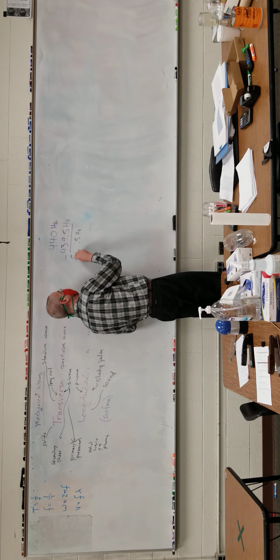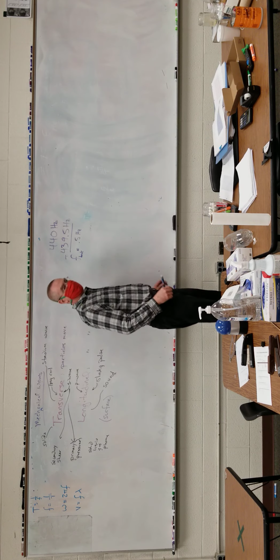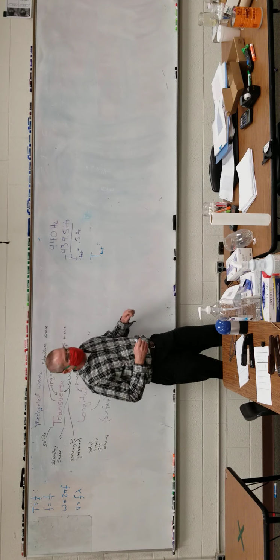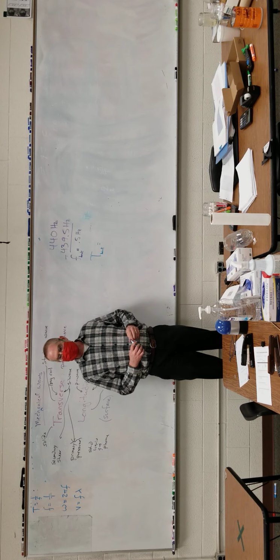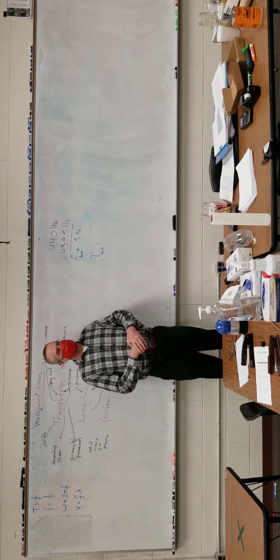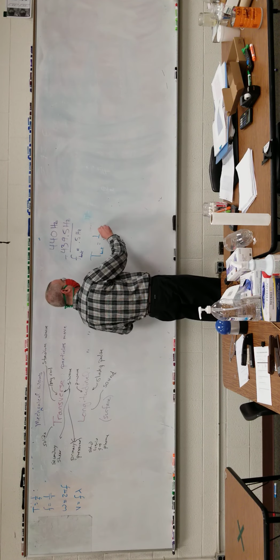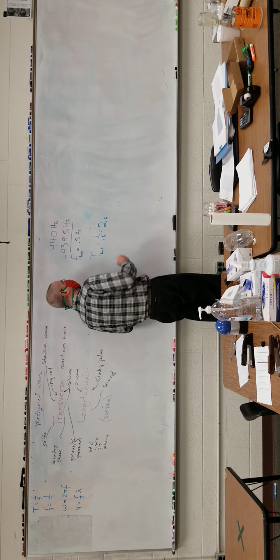Because that is my beat frequency, it has a beat period. What's the relationship between period and frequency? Frequency is 1 over period and vice versa. So the period would be 1 over 0.5, which is 2 seconds.